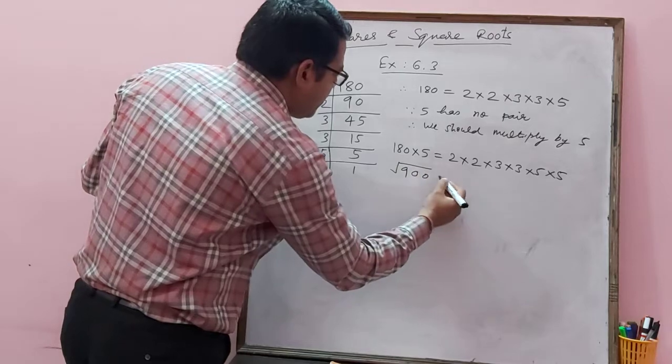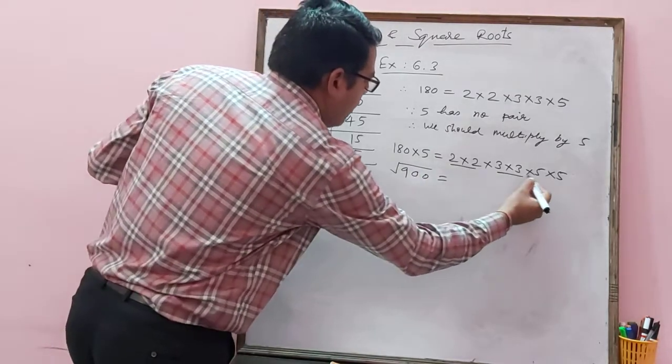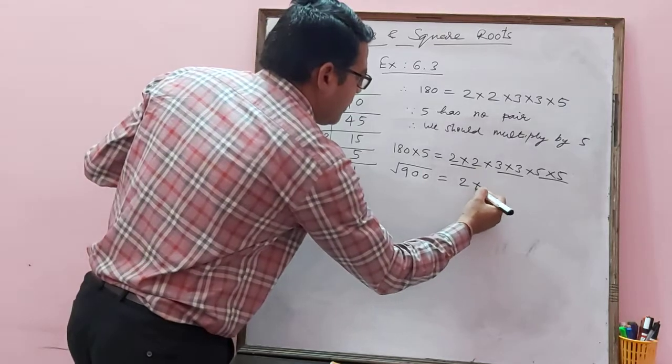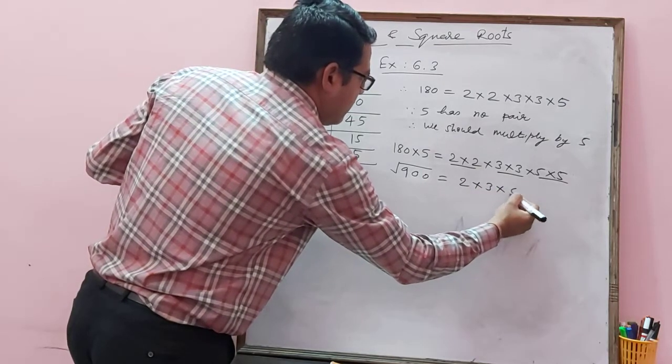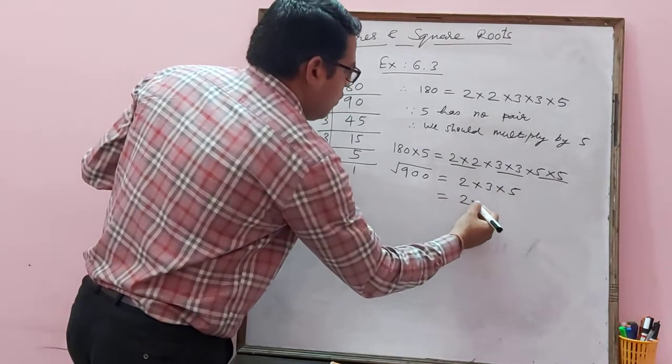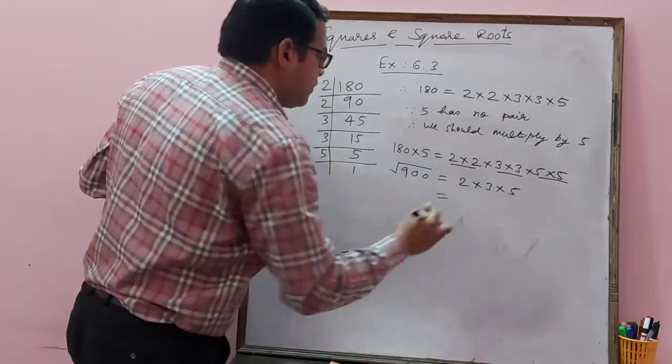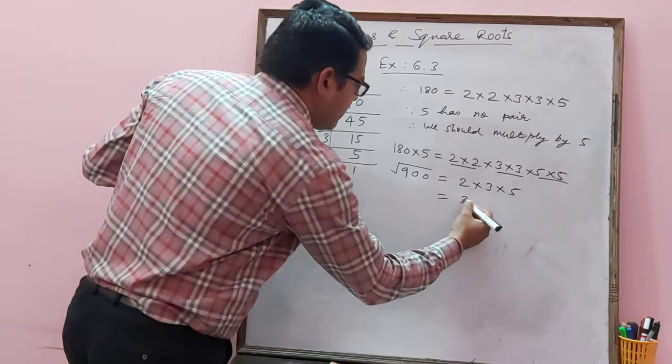Now, what is the square root of this one? Now you can take one number from each pair. So that is 2 into 3 into 5. So 5 twos are 10, 3 tens are 30.